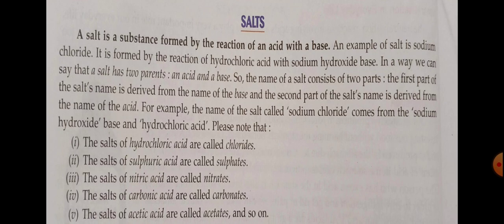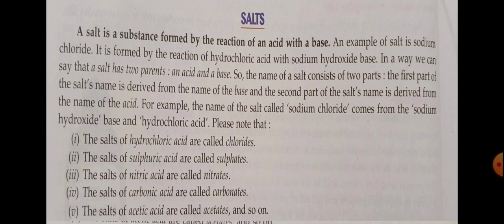In this way we can say salt has two parents, an acid and a base. The first part of the salt's name is derived from the base, and the second from the acid. The name of the salt is sodium chloride, which comes from sodium hydroxide and hydrochloric acid.